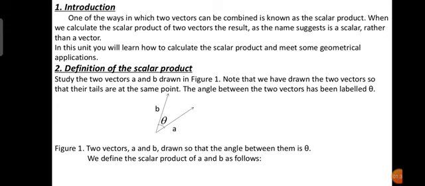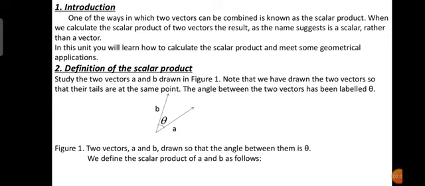Scalar means it has only magnitude. So we get a scalar product when we combine two vectors.